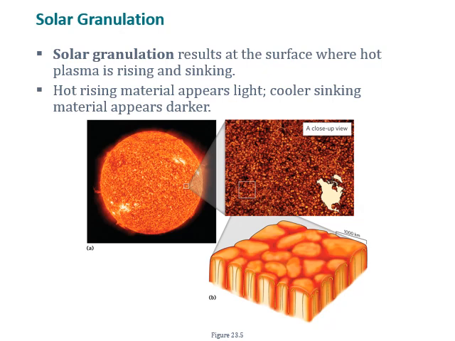Solar granulation results at the Sun's surface, shown in photographs, where hot plasma is sinking and rising. Hot rising material appears light, whereas cooler sinking material appears darker. We have a view of the whole Sun, as well as a close-up view and a schematic to scale.